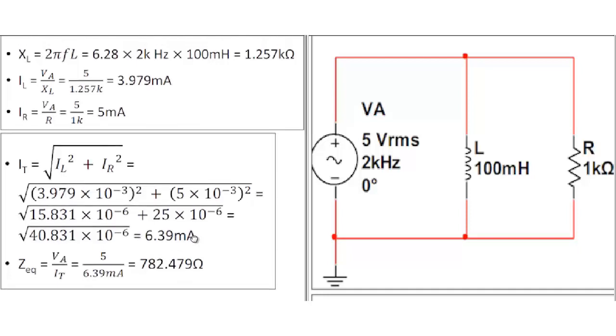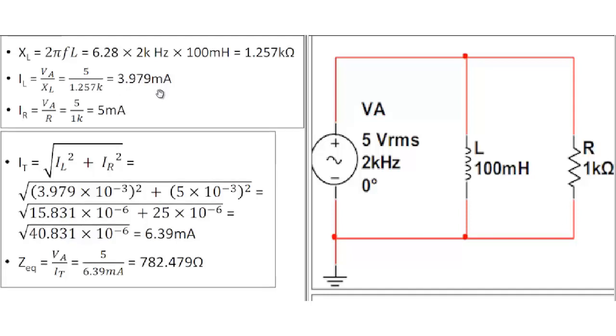It's rather interesting that the current you end up with, which is the same as the current coming out of this voltage source, is actually less than if you were to add the 5 milliamps and the 3.979 milliamps. That's just an interesting aspect of electronics.